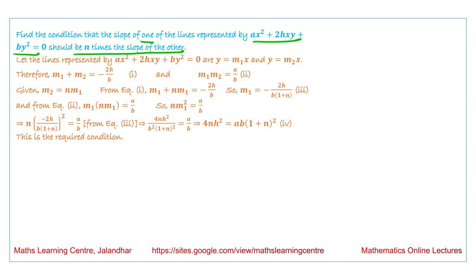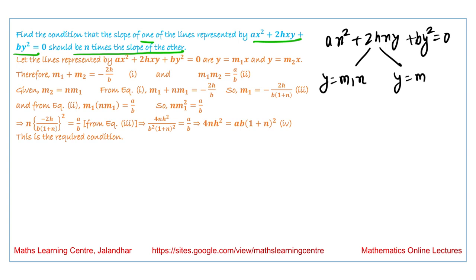So we are given this equation, ax square plus 2hxy plus by square is equal to 0. Suppose it is representing two equations, y is equal to m1x and y is equal to m2x, and we know that the corresponding condition is that m1 plus m2 should be equal to minus 2h by b, and m1 into m2 is equal to a by b.